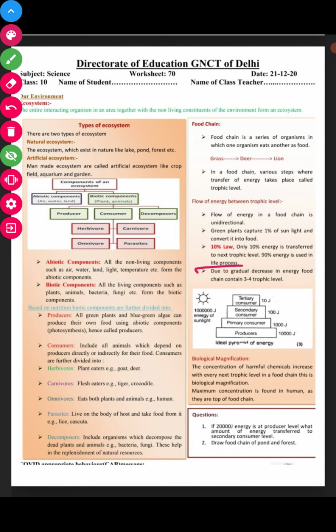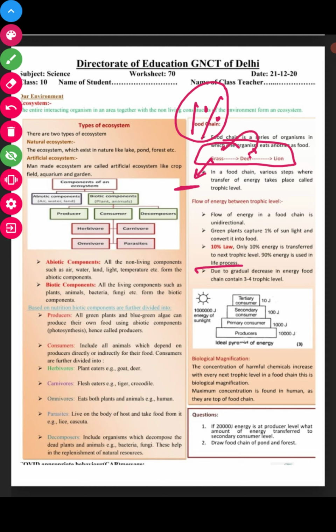If we take the example of this food chain, grass, deer and lion, the grass, because it is a green plant, makes its own food by the process of photosynthesis using the sun's energy, just 1% of it, and they make their own food.